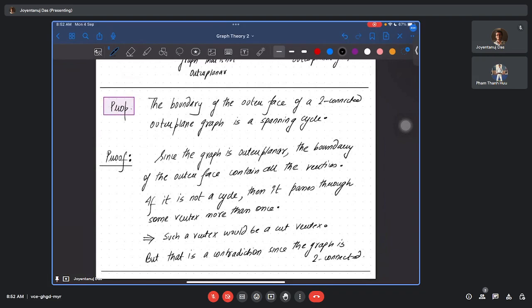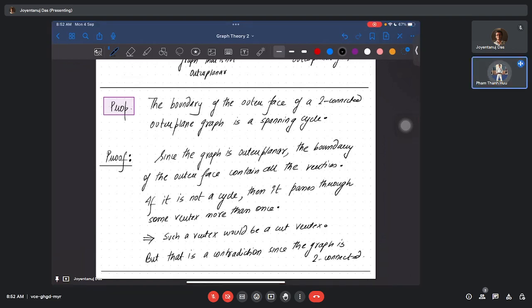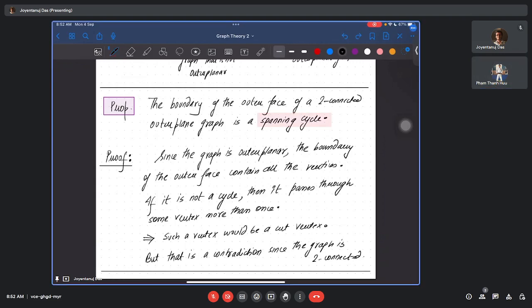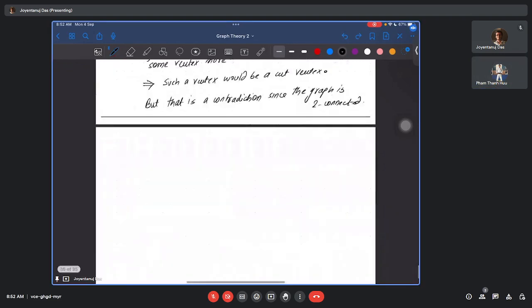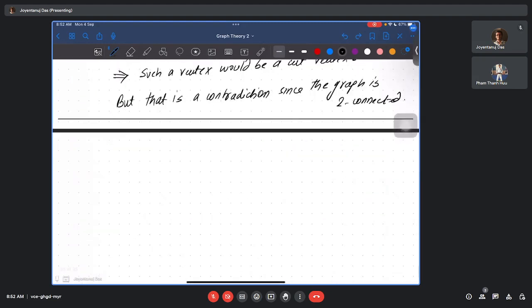If it is a cycle, then each vertex is coming only once.